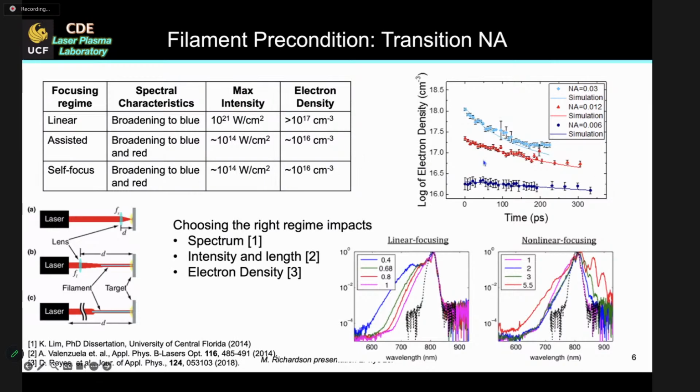Basically, the linear regime is one which we discussed earlier by our friends from Moscow State University, where in essence, this is a regime where the electron density is not clamped. Usually the filament lengths are relatively short. It does lead to higher laser intensities. And indeed, some other effects start to occur.